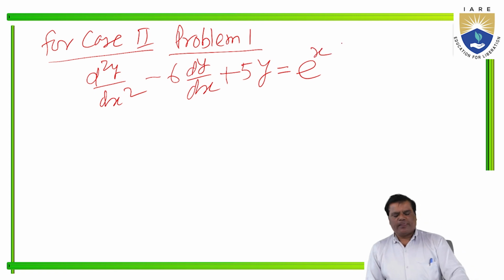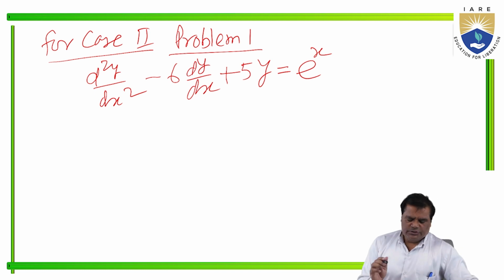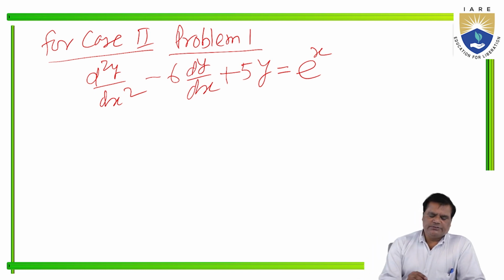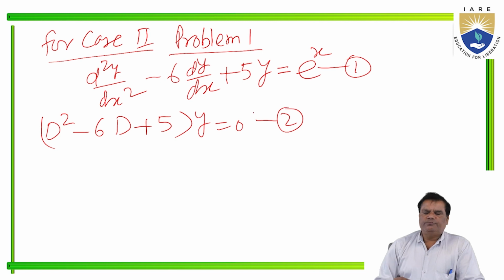Putting 1 minus 6 plus 5, 6 minus 6 is 0. Correct, this question is right for case 2. So I am writing d square minus 6d plus 5 into y is equal to e to the power x. This is equation 1, this is equation 2.